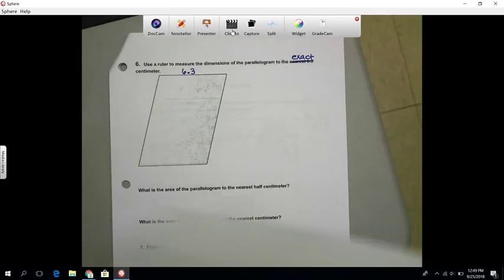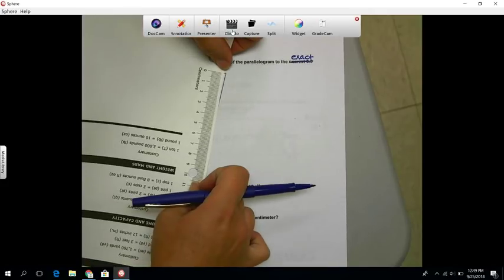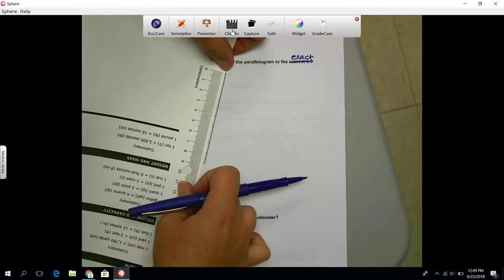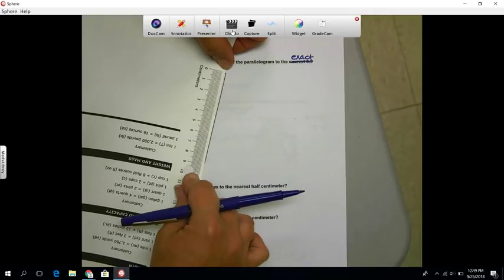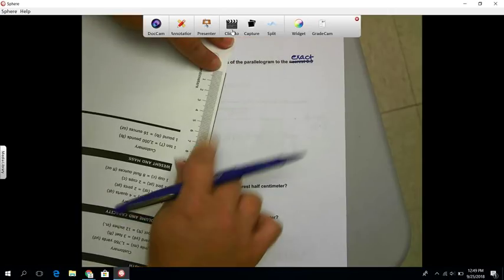All right, so now let's measure our side going down. Okay, our side going down, we are going to have, let's go with 9 centimeters.